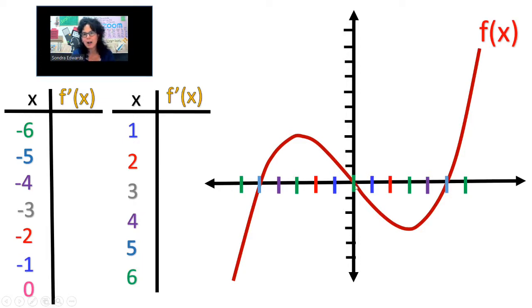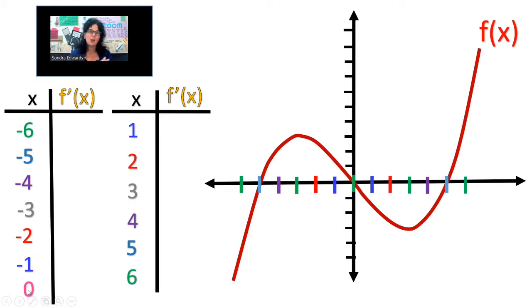So right about there, we're changing from concave down to concave up. So I would say that point of inflection is approximately at x equals 0. So I want to make sure I find the slope of the tangent, f prime of 0.